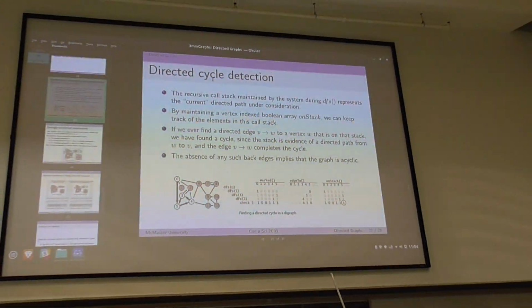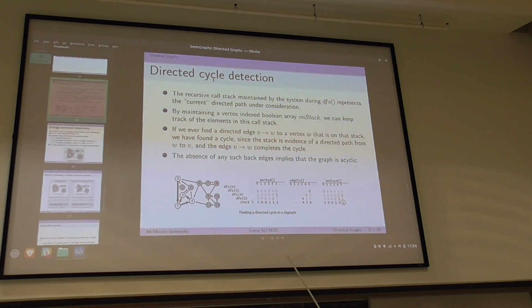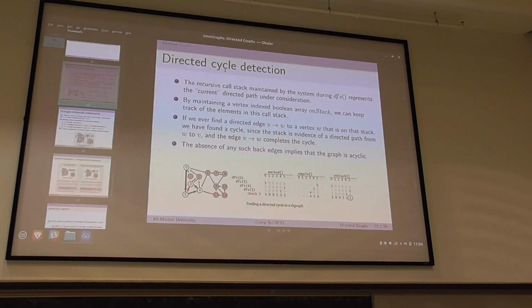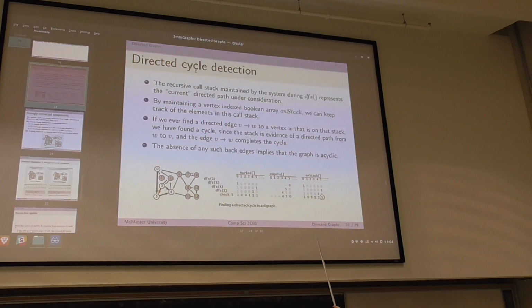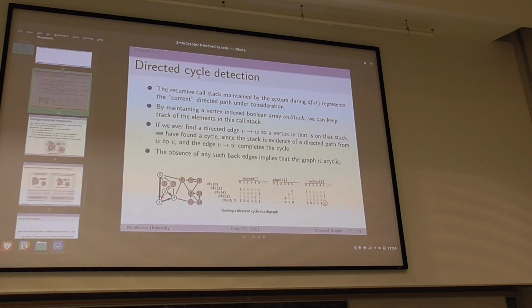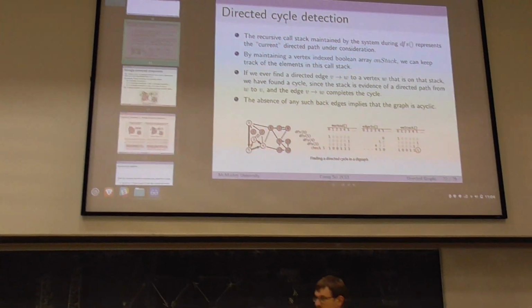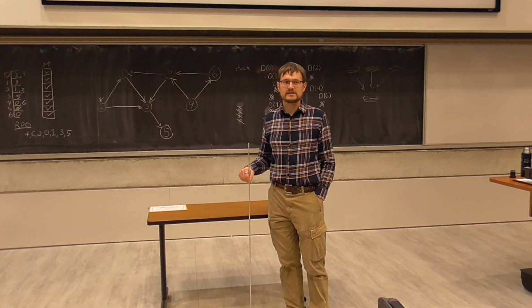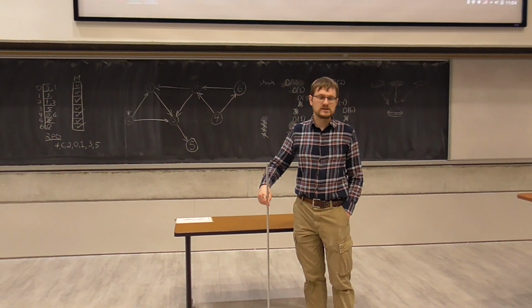When you're examining the children of any particular node, you also check the on-stack array to see if it's been put on the stack previously. If it has, you have a cycle. If it has not, then you proceed as normal.